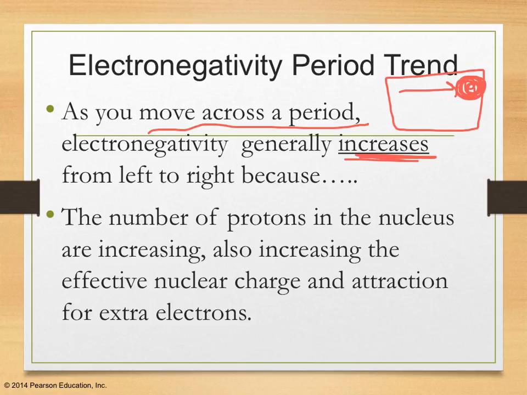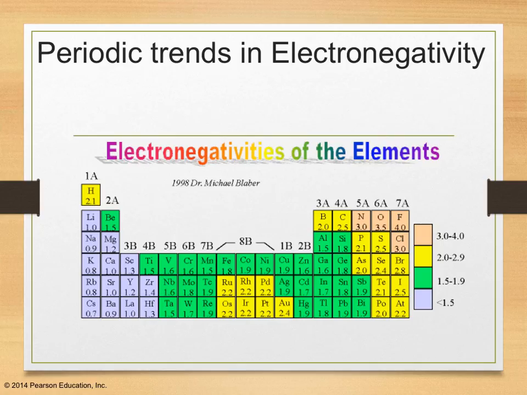That can be explained in terms of effective nuclear charge because, of course, as you're going left to right across a period, you're increasing the number of protons. So there's a higher attraction from the nucleus, and it attracts other electrons.